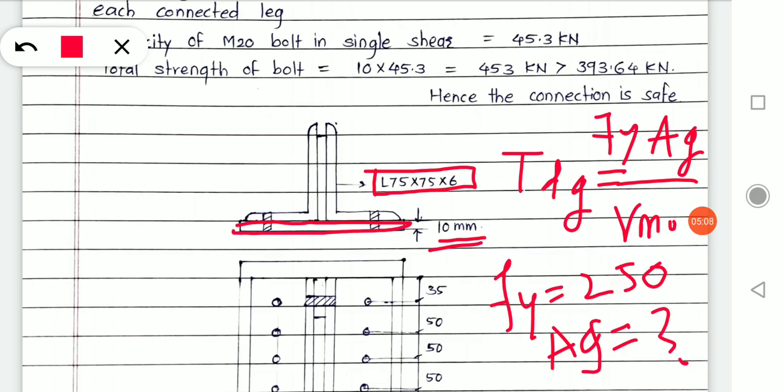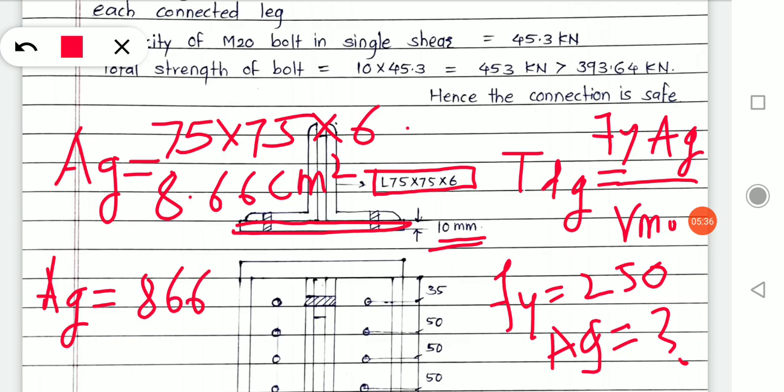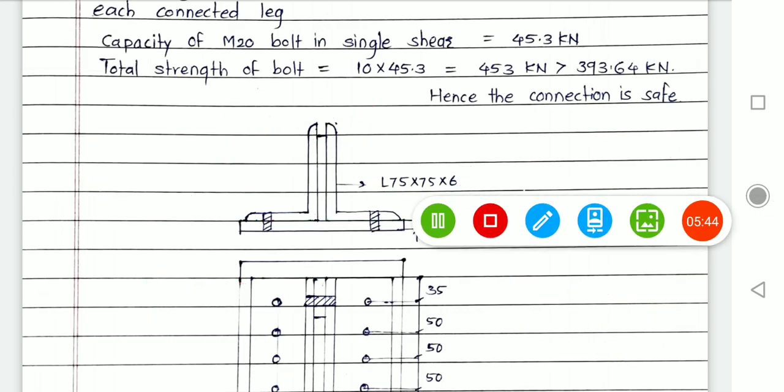No, definitely not. From the steel table we understood that a gross area is mentioned, and the gross area for the angle 75 by 75 by 6 is 8.66 centimeter square, that is 866 square millimeters. If I am not changing the angle, Ag will remain the same.